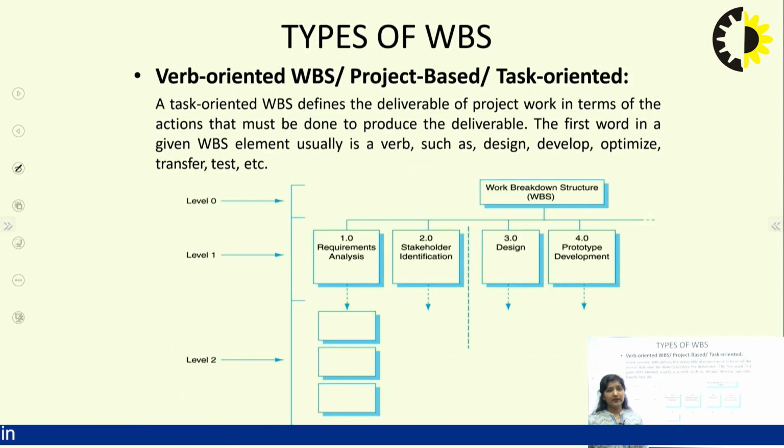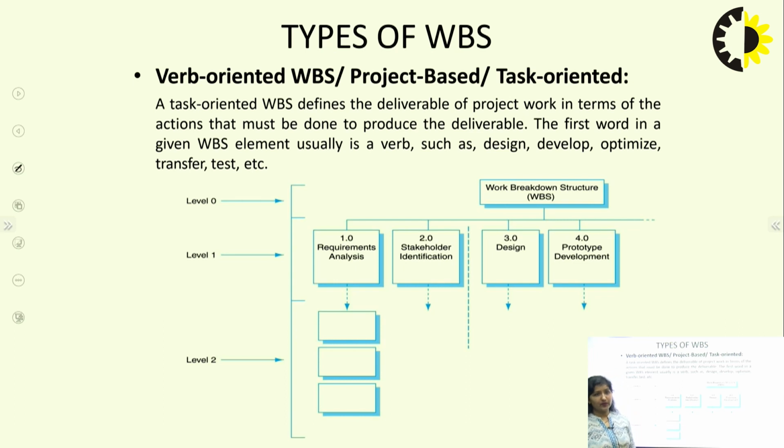Now, along with this, there are various types of WBS as well. The first one is the verb-oriented WBS, the project-based or task-based. A task-oriented WBS defines the deliverable of a project in terms of the actions which must be done to produce that particular product.